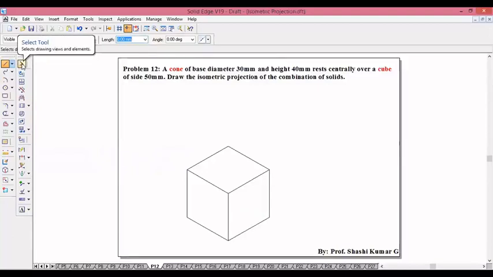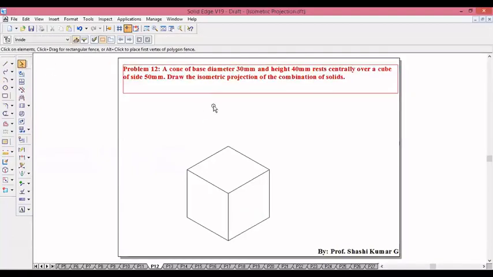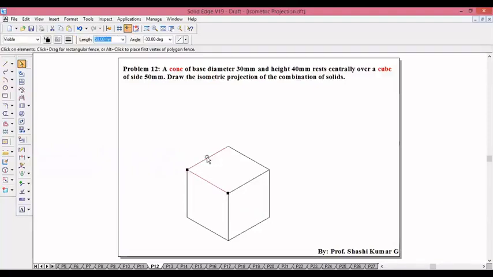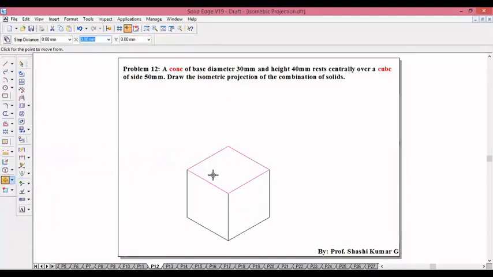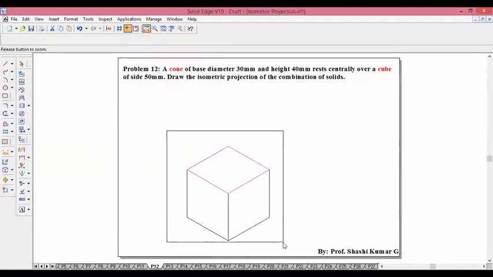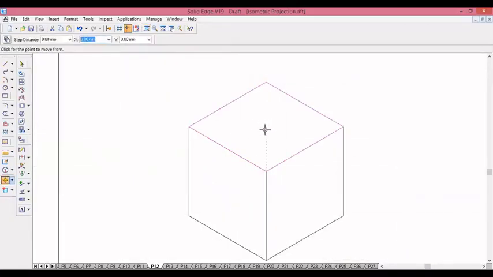So this is a cube, and above this cube, a cone of base diameter 30 mm. To construct an ellipse of diameter 30 mm, we need a square of 30 mm sides. Anyhow, we have a square of 50 mm. Go for the move command. From the center, I take zoom. See, this is the center. The two dotted lines indicate the relationship.